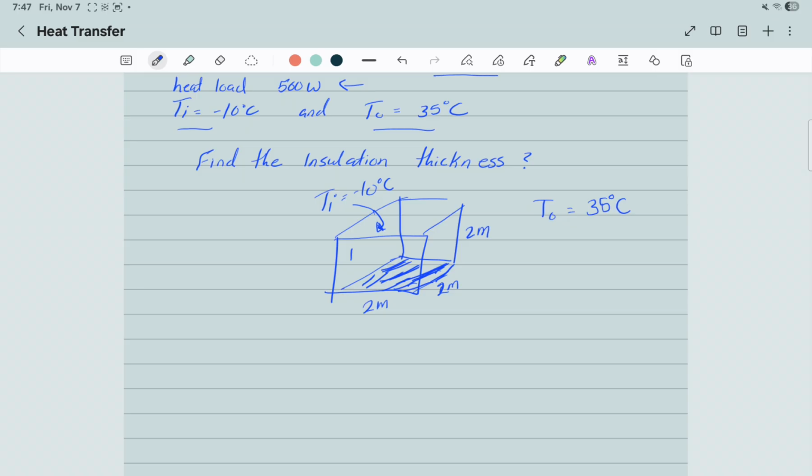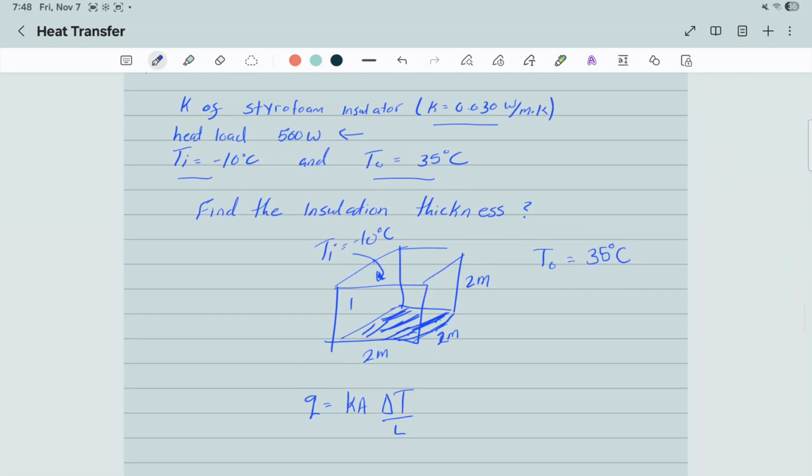So let's write down Fourier's conduction law, which states that Q equals kA. Since it's one dimension, in chapter 1 we'll be using delta T instead of differential of T over L. Okay?